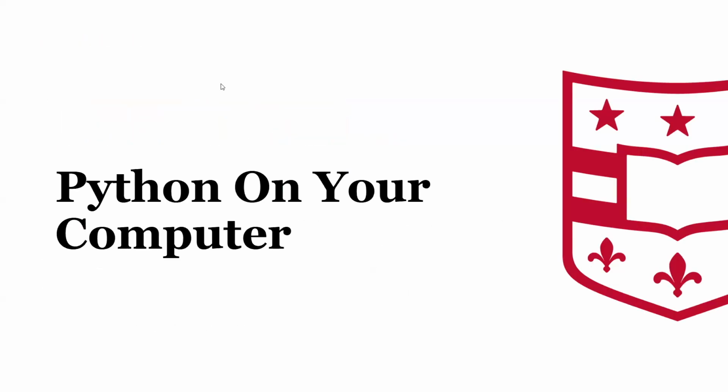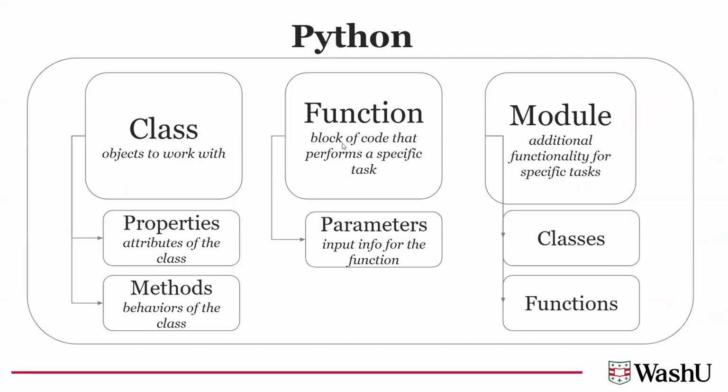So we're going to talk about Python on our computer for a few minutes before we actually get into the code. So when you install Python on your computer, Python basically puts three chunks of things onto your computer when you download Python. These are the building blocks of the Python language. So first on the left, we have classes, and classes are the basic objects that we're going to be working with.